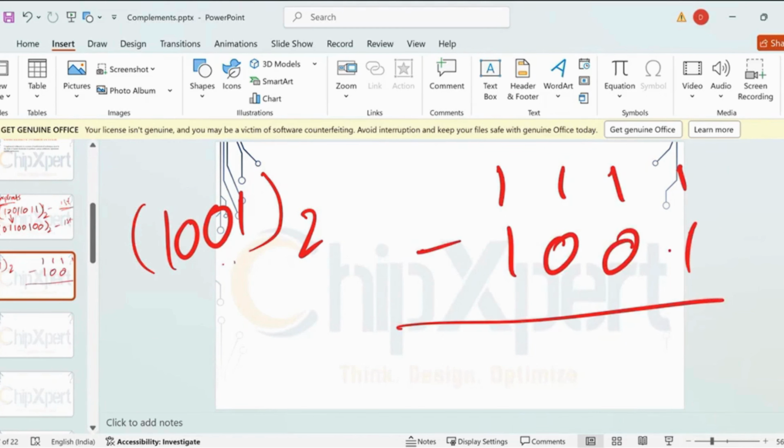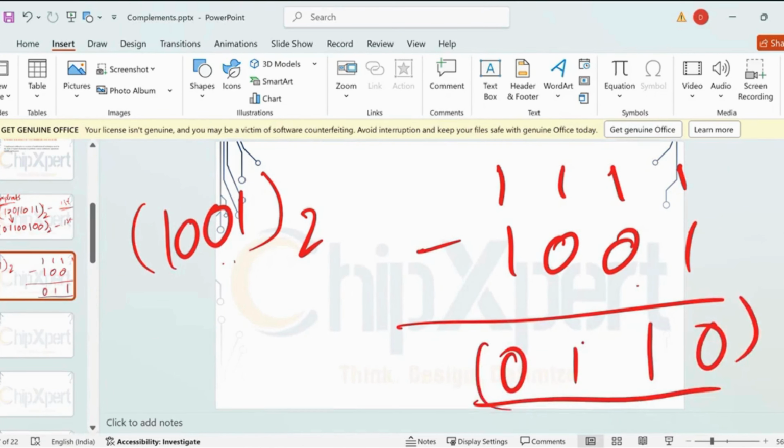If I make the subtraction, how much will I get? 1 minus 1 is 0, 1 minus 0 is 1, 1, 0. So it looks like the above number is inverted. That's why we write it directly as inversion, but the actual process is this. The number they had given, we subtract from all ones. Then we'll get the ones complement of it. This is the way to find ones complement.